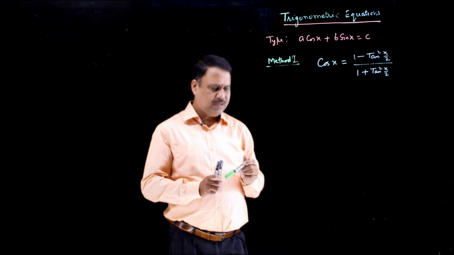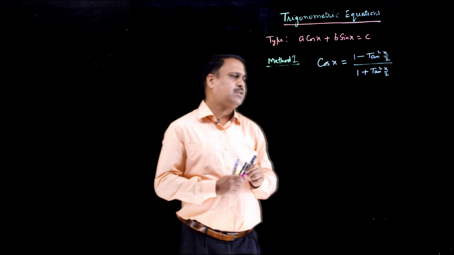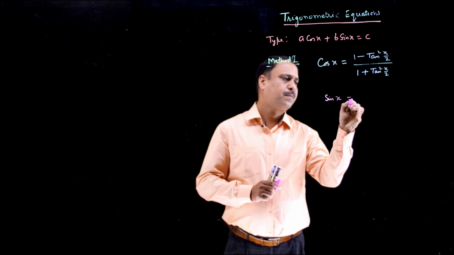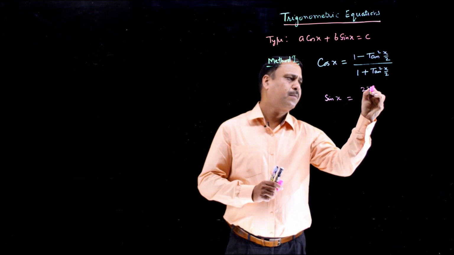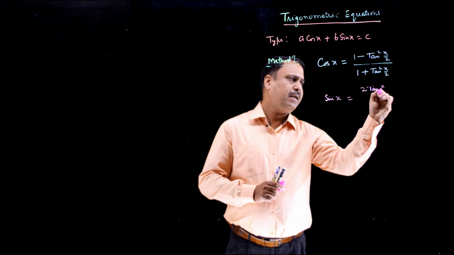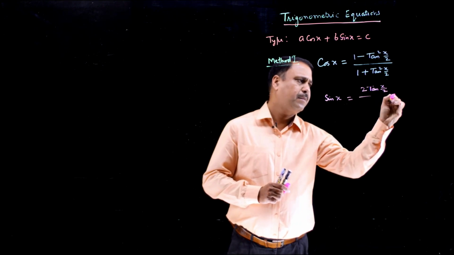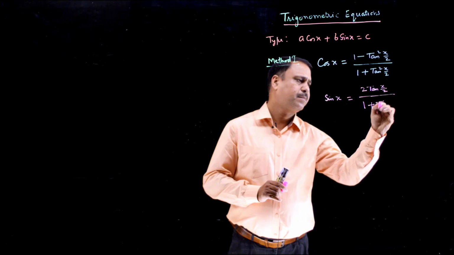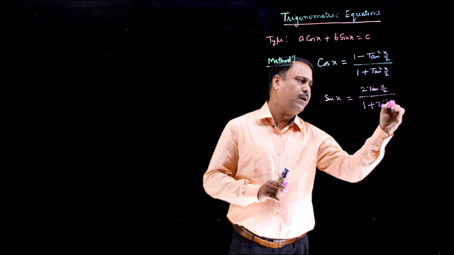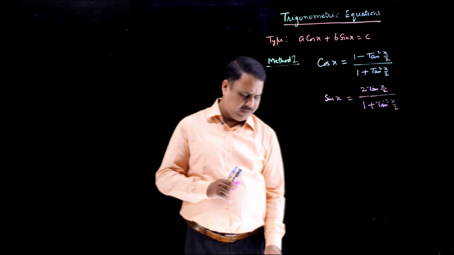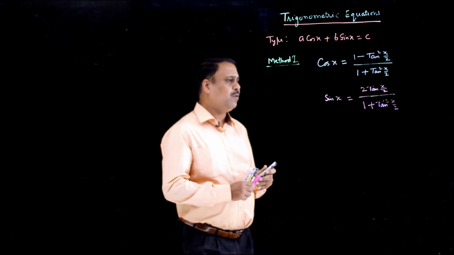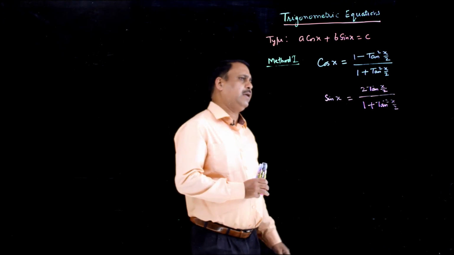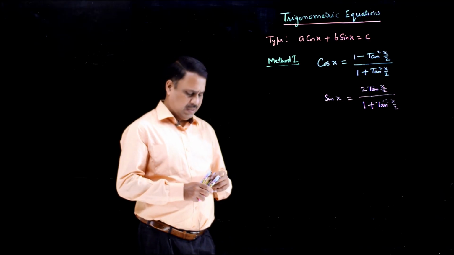And similarly we can use the sin x formula. Sin x is equal to 2 tan x/2 upon 1 plus tan square x/2. These two formulas we can use for solving these problems. And then we will put tan x/2 is equal to t and we can solve. This will be quadratic in tan x/2.